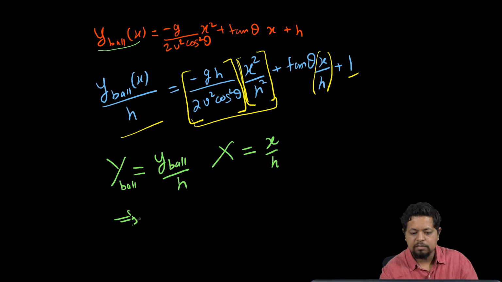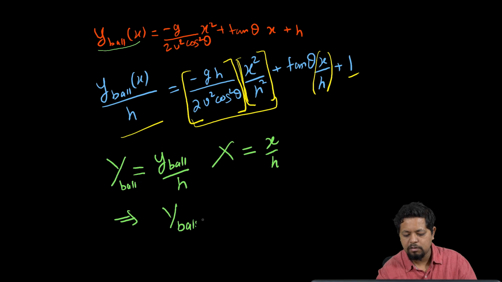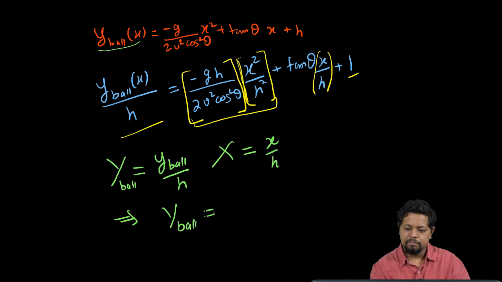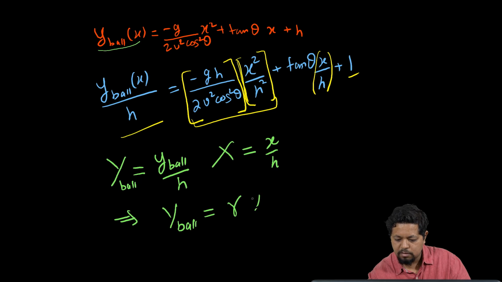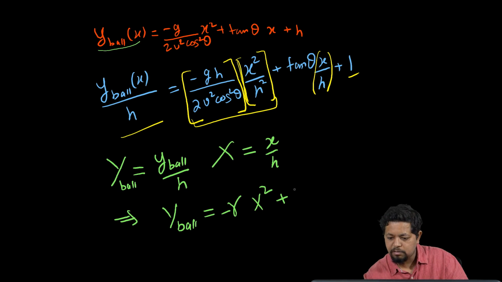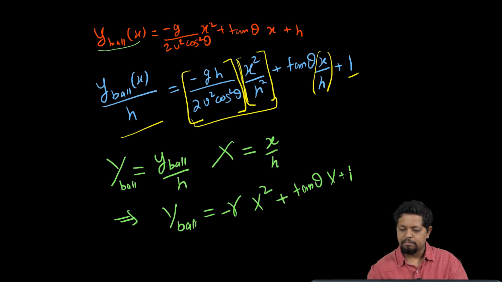In terms of these, my equation simply becomes Y ball equal to this constant which I am going to define as gamma, so I get minus gamma X square plus tangent theta, which is already dimensionless, times X plus 1.